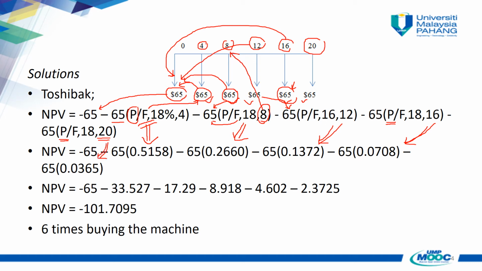And then we accumulate all this. We will see that the NPV for the present worth of this Toshiba machinery is negative 101. Remember, we need to buy this machinery 6 times.